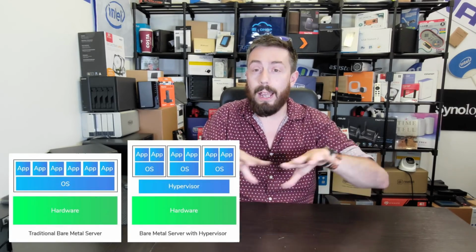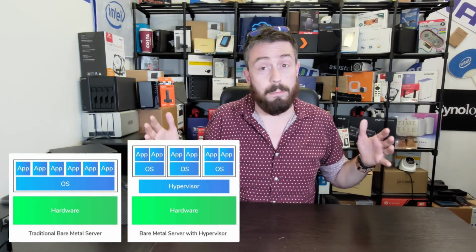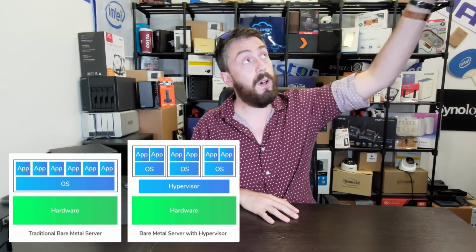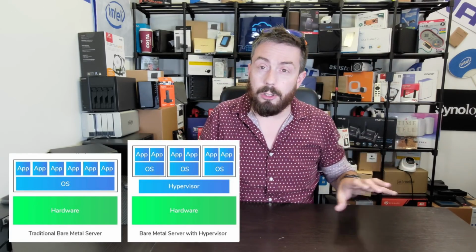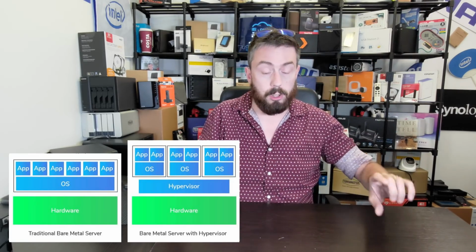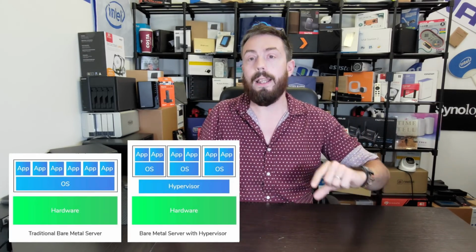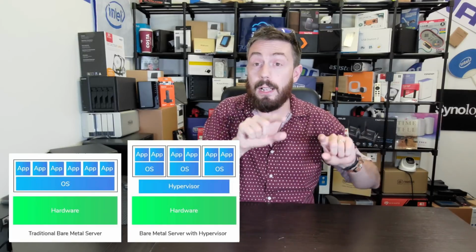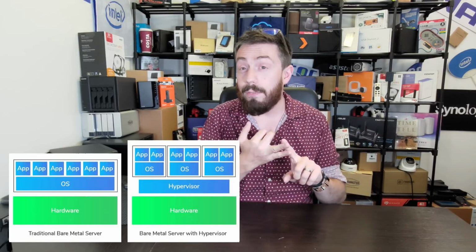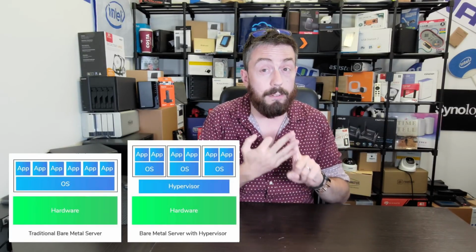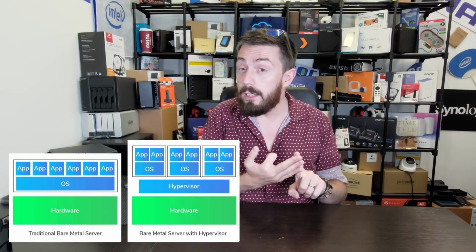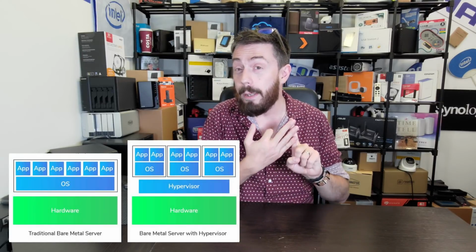VMware is something that is available in this fashion, where bare metal is when you have your storage server, and again, that can be the NAS that you have or something far away. A bare metal enclosure is when you've got the bare metal, and then on top of that, you've got your hypervisor software, no OS at all, and then on top of that, you've got your VMs that live there. Performance is higher, configuration is higher, security is higher as well, because there aren't any openings or vulnerabilities that an OS may be open to.